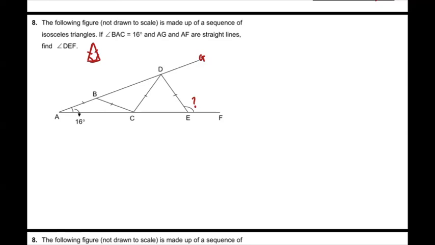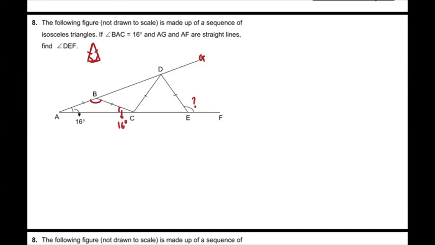All right, so if this is 16, this would mean that this is 16 too. Which also means that you would be able to find this angle here, which is angle ABC. So your first step is to find angle ABC, which is isosceles, right?